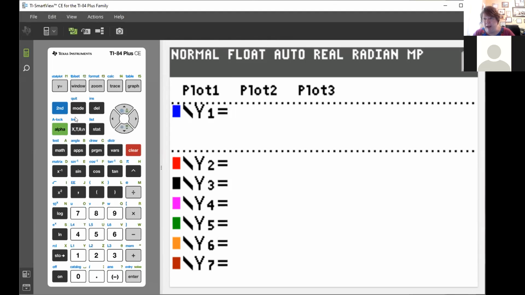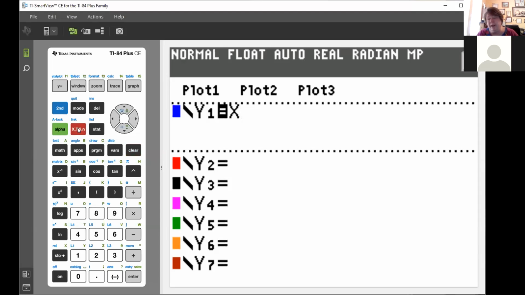So you have that green button on your calculator. I don't know what it is on the TI-84. Let me get my calculator out. It's green, so it's the green button. Just to the right of the green button is your X button. So I'm going to click that.